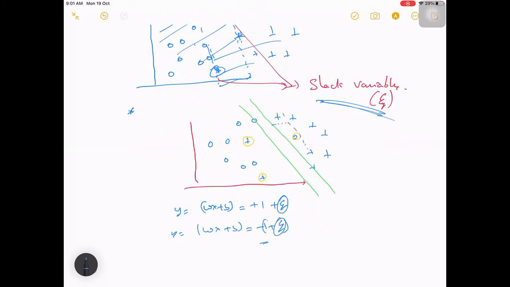You can't have it extend that far; it actually gives a kind of soft margin. So even if a point is within this range, you call it this class, and even if it is on this side, you have the other side. Even if it is within this range, you call it zero; even if it is in this range, you call it plus, something like this.